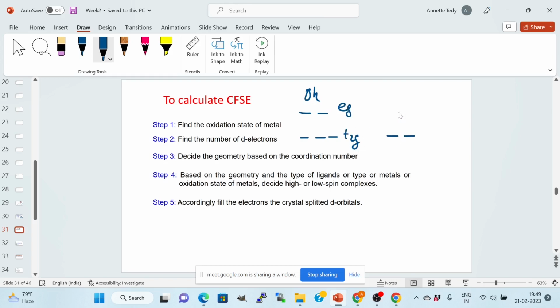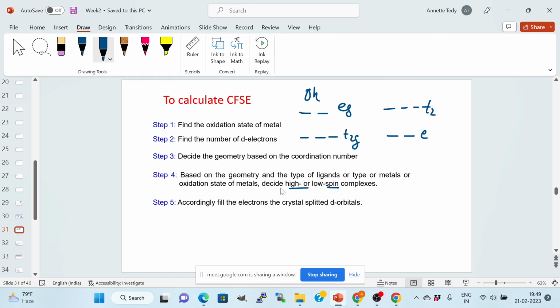For tetrahedral, we have E, T2. So based on the geometry, we find out what kind of splitting there is. Then we have to find out whether it is high spin or low spin, based on the ligand, the type of the metal, and the oxidation state of the metal. Then we'll just fill it up.